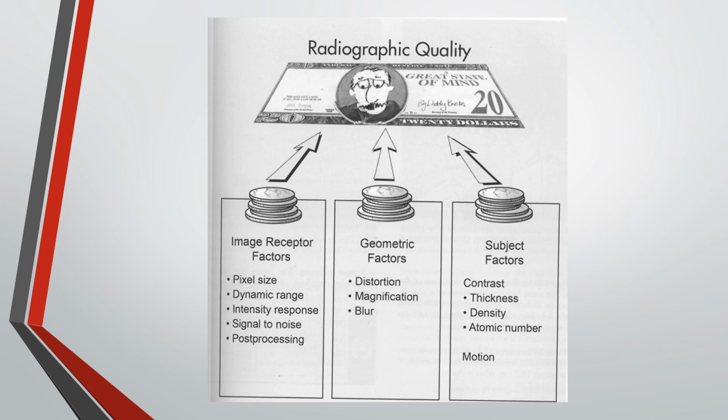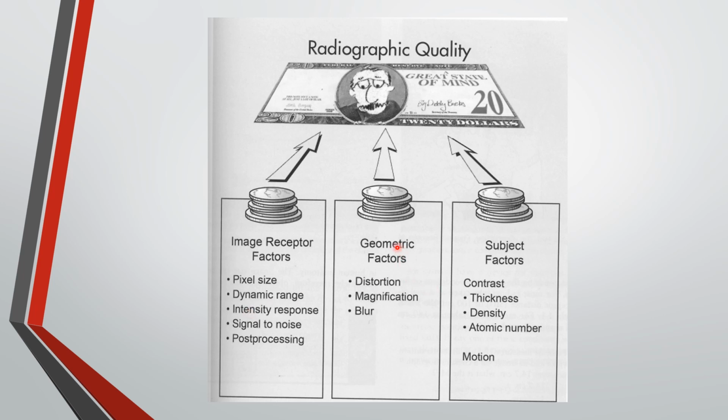Here's a picture of what we talked about and everything that goes into it. So to produce a nice clean image of a $20 fake bill, right? We need the image receptor factors, which we'll talk about in the Principles of Radiographic Exposure 2 playlist.